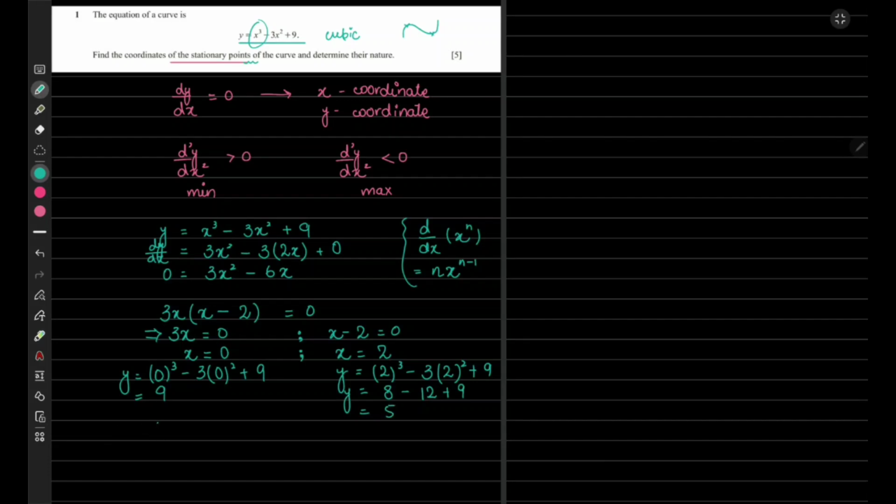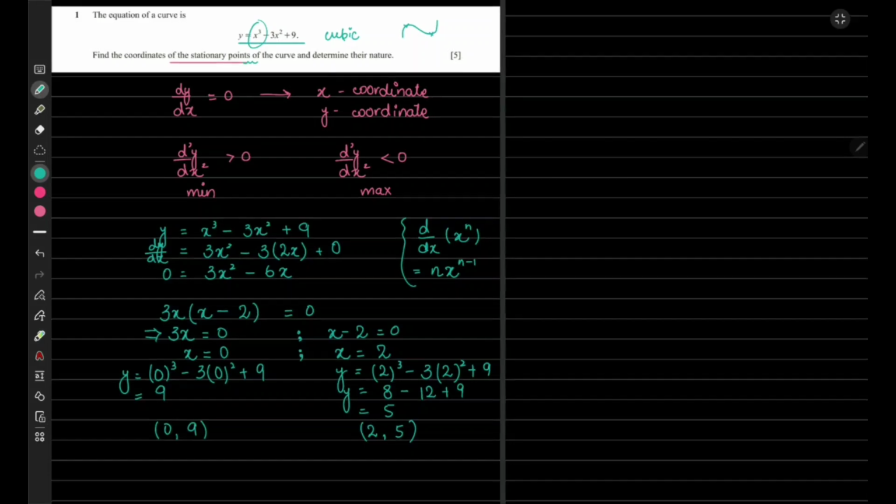So the two coordinates that we get are: when x is 0, y is 9, and when x is 2, y is 5. So these are the 2 stationary points.